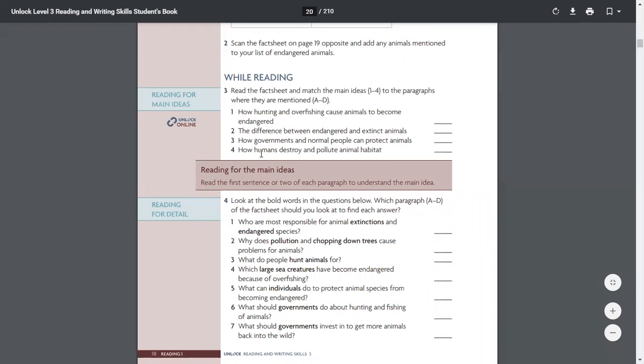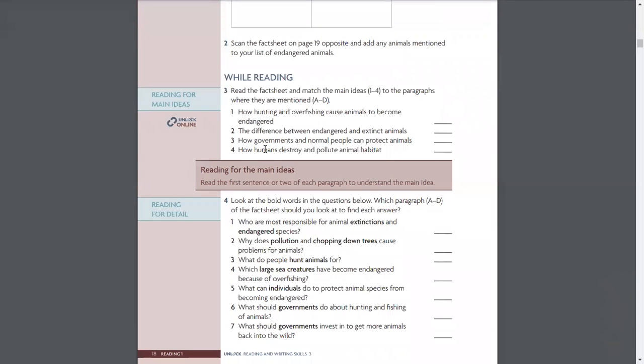Here you have main ideas, 4 of them. Actually, what is a main idea? The main idea is the main thing about the paragraph, what the paragraph is about. There are 4 main ideas here and you need to say which paragraph is about what in general.